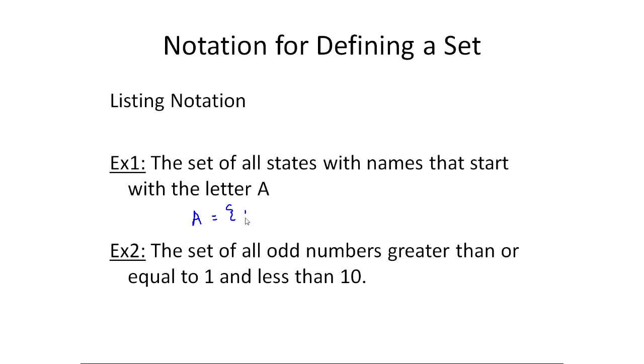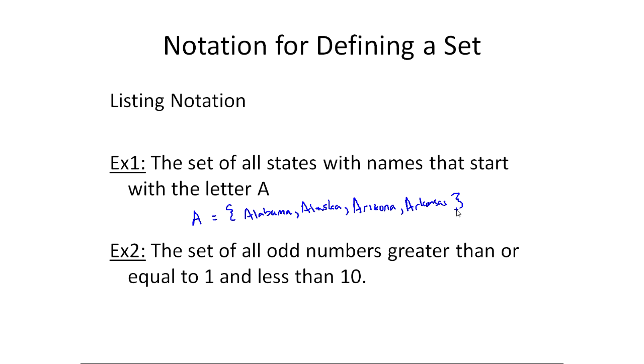So in this case, the elements of this would be Alabama, Alaska, Arizona, and Arkansas. And again, all it is curly brackets and a list of the things in your set.